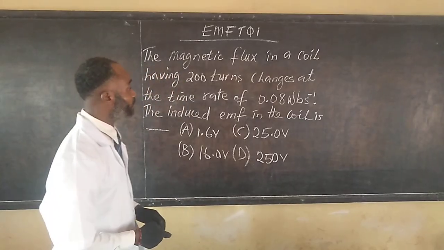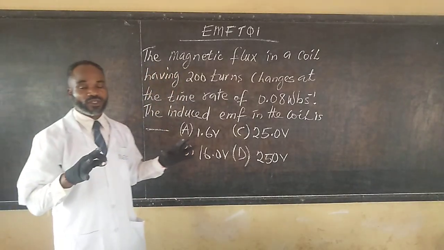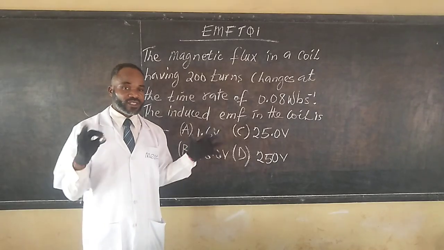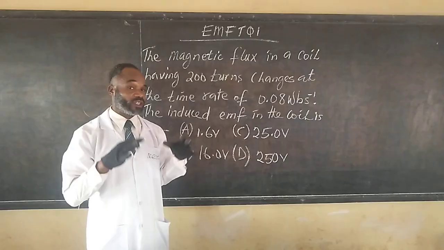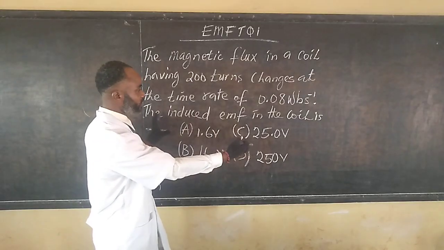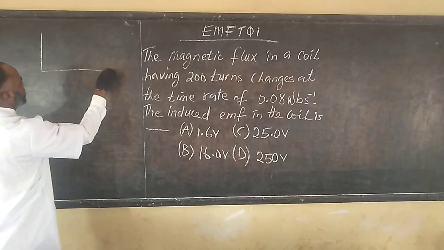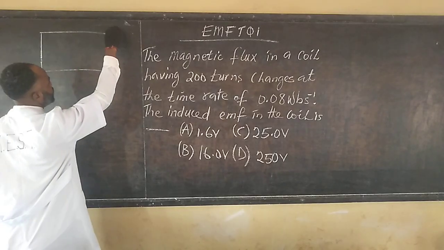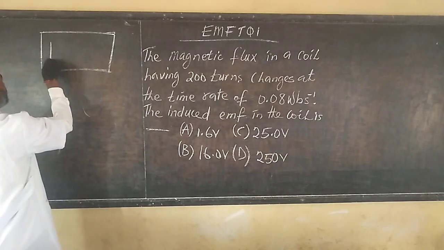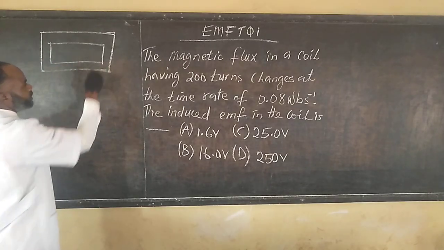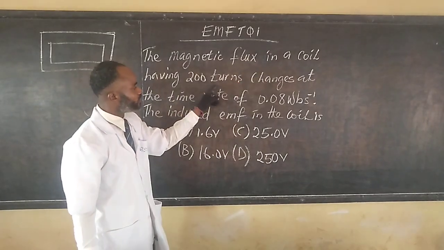This is actually talking about a transformer. So if we want to answer this question, the first thing we need to do is to illustrate a diagram of a transformer with these specifications, okay? So let's see, if we have this as a schematic representation of a transformer, and we have a magnetic flux in a coil having 200 turns.